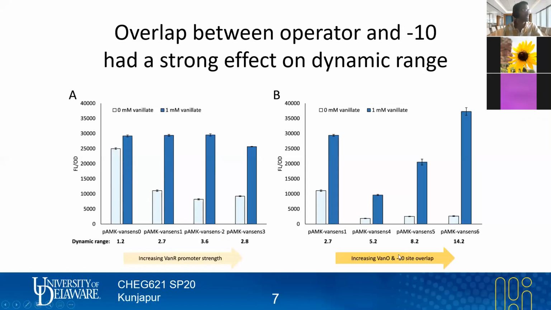So what we found was, as we actually moved that van operator overlapping to the -10, we got much better performance in that both our signal in the absence of vanillate decreased, and then we just got this higher dynamic range or ratio of fluorescence.